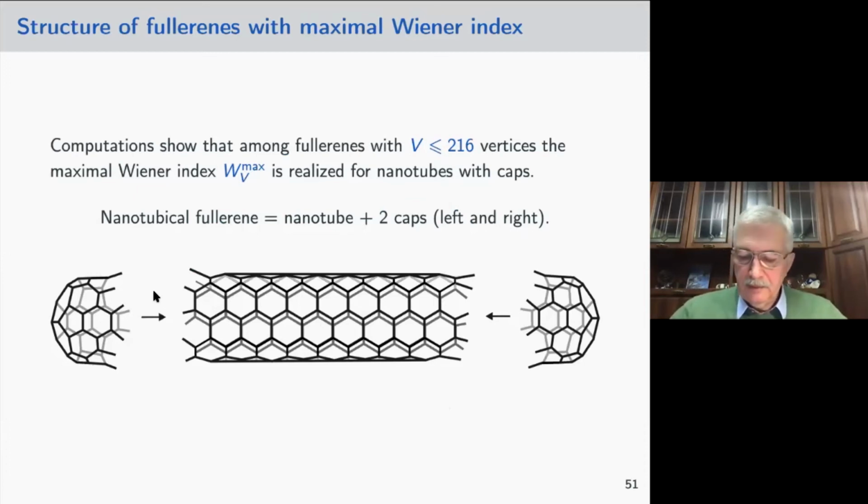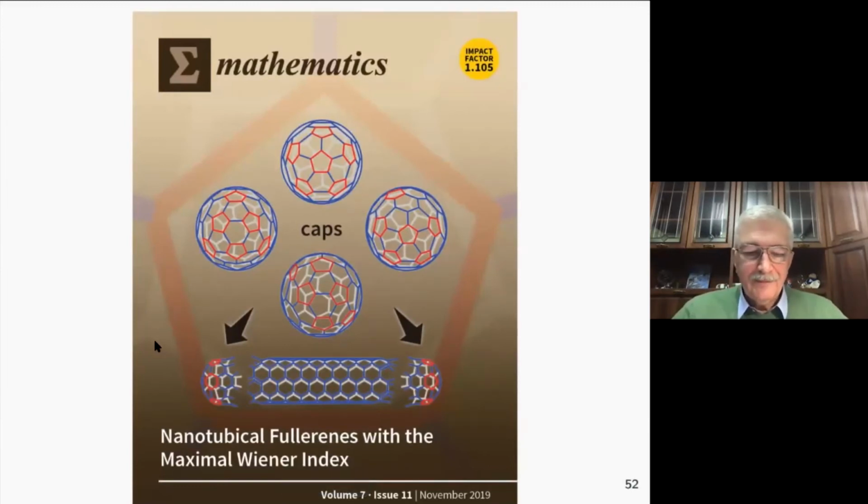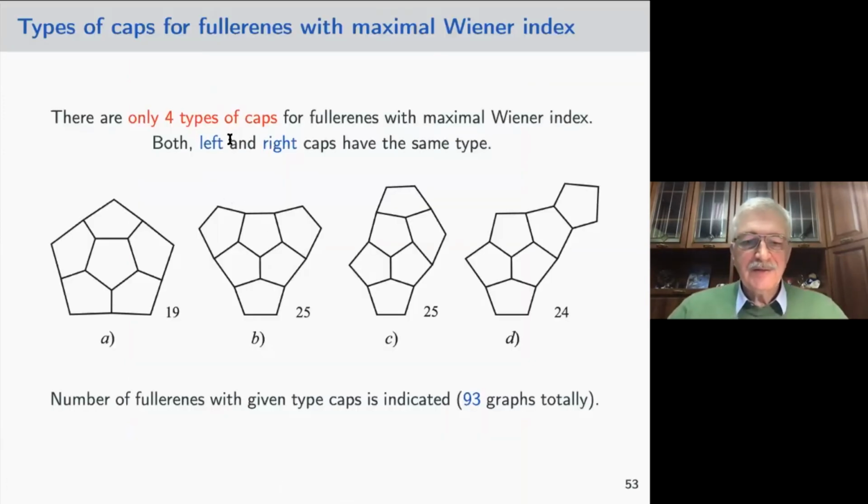Maybe the nicer picture is the journal where our paper was published. This is just a cover of the journal. The journal produces this picture. So we have a nanotube and we have two caps on the left and on the right. There are 4 types of caps, and the computer classified these types.